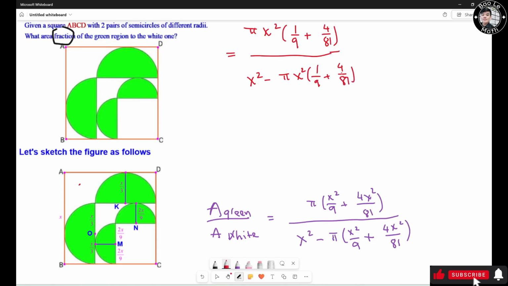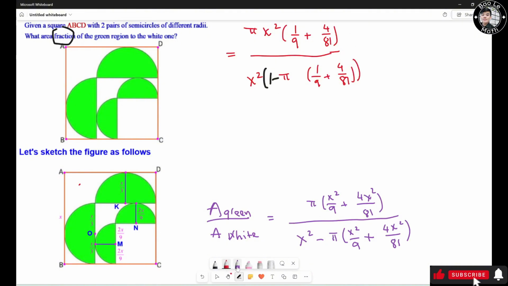Now for the bottom, I just factor s squared out one more time, so this turns out to be s squared times 1 minus pi times 1 over 9 plus 4 over 81.